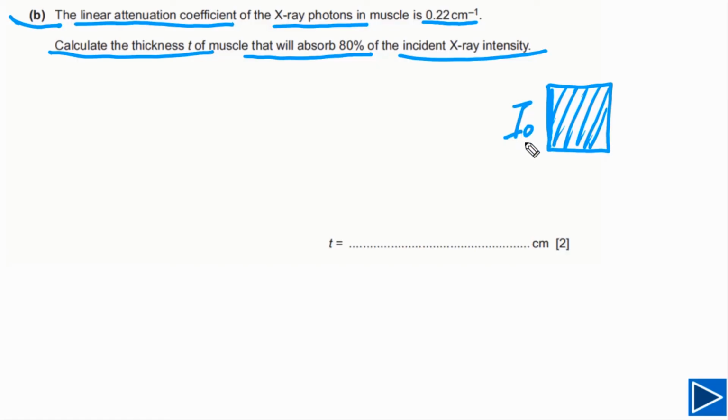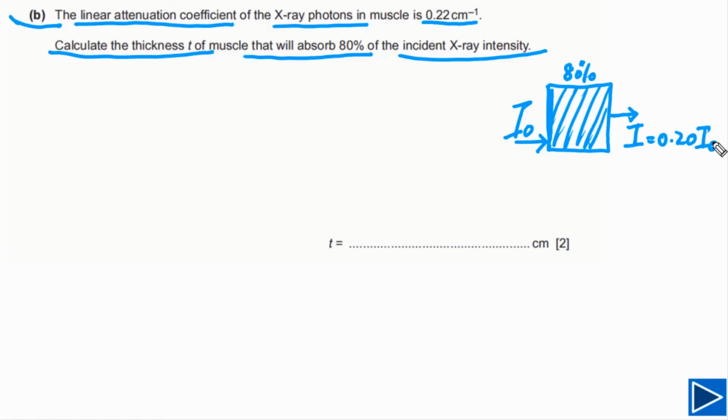So this is the incident intensity, and the intensity of X-rays transmitted through this one, let's say, is I. 80% has been absorbed by this muscle. So the transmitted I will be equal to 0.20 I naught.